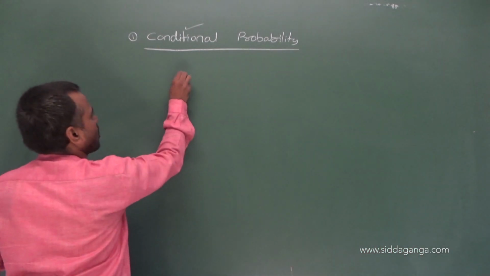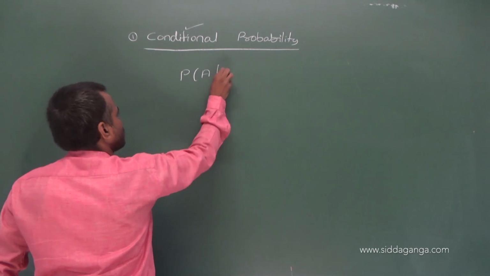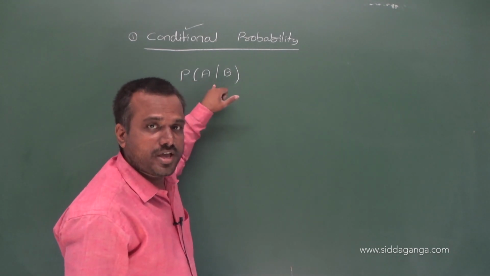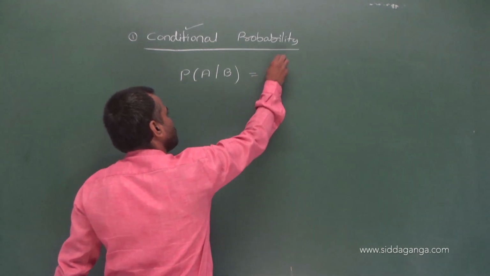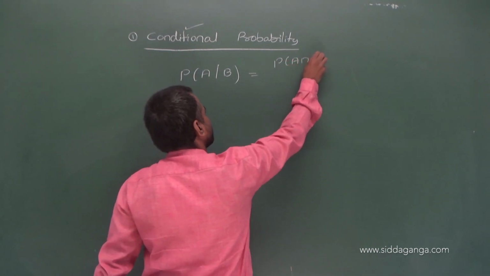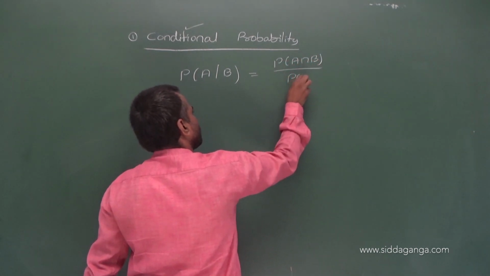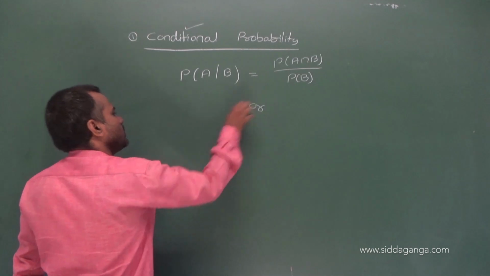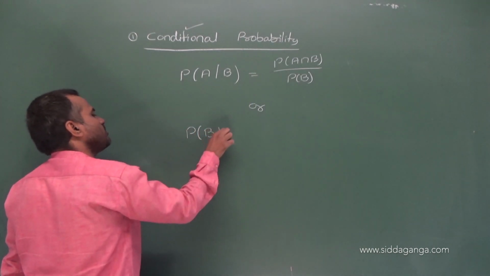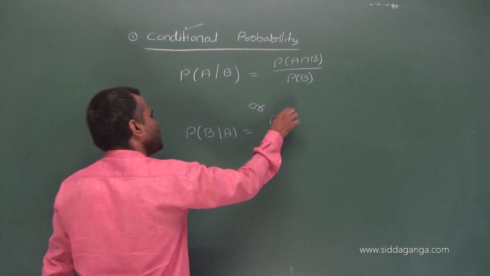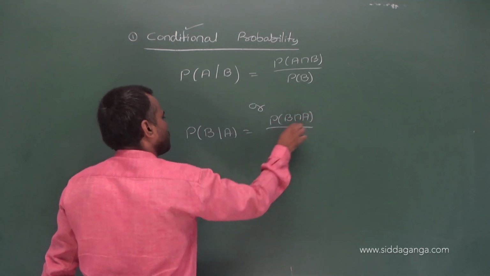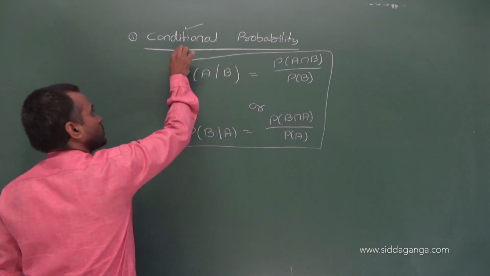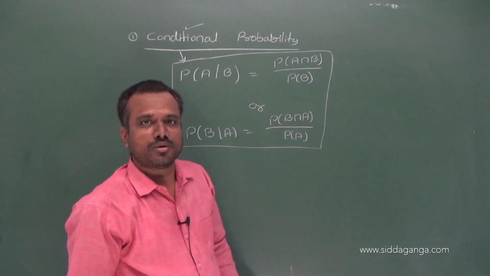Conditional probability P of A given B, very important, is equal to P of A intersection B divided by P of B, or P of B given A is equal to P of B intersection A divided by P of A. This is the definition of conditional probability.